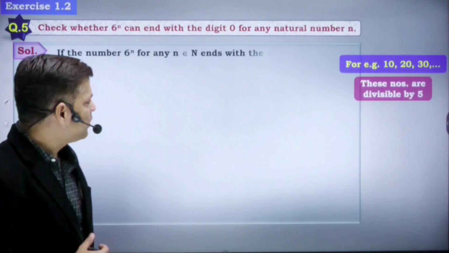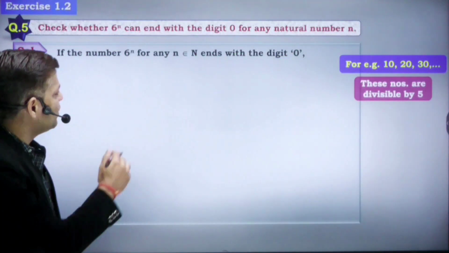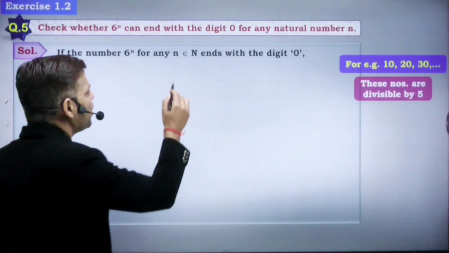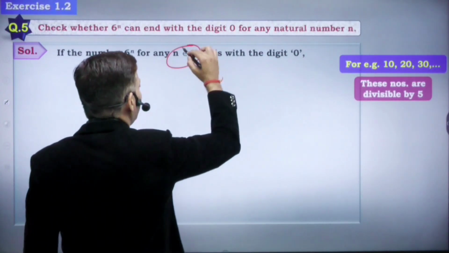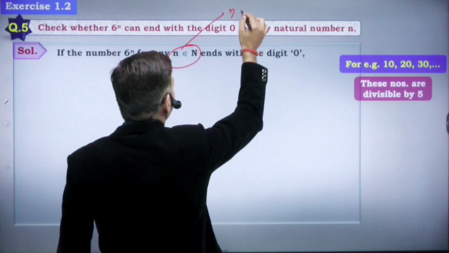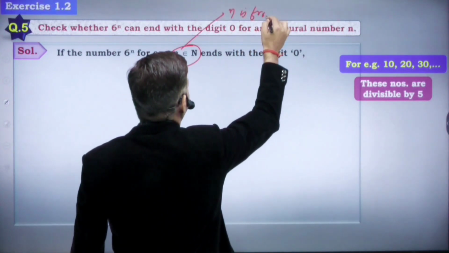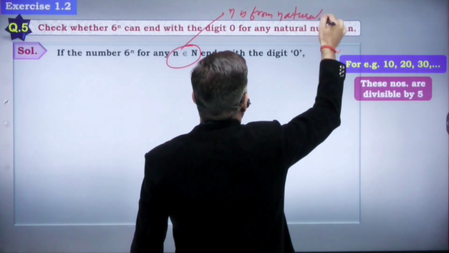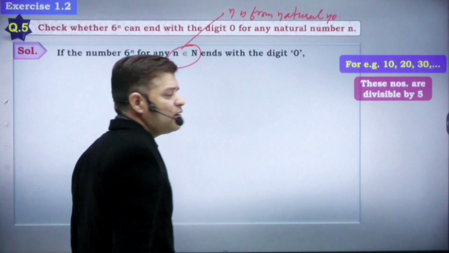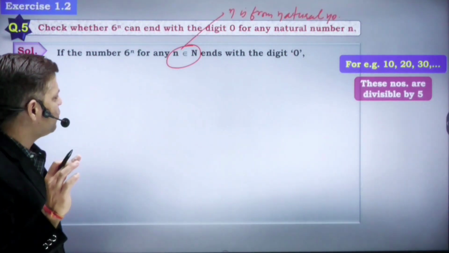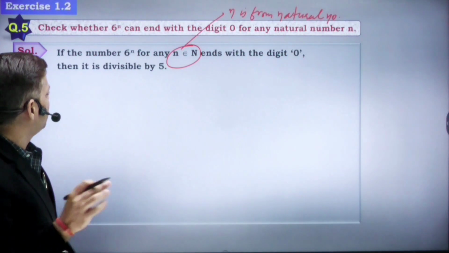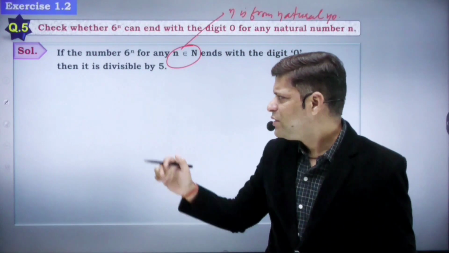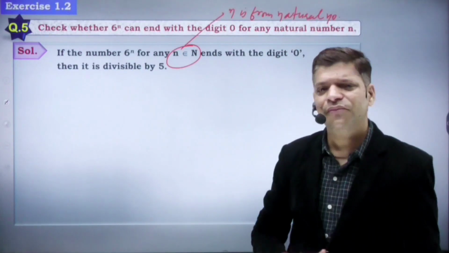Okay, so now the next one. If the number is 6 power n, for n belonging to N. What is n belongs to N? The meaning is that n is from the natural numbers. So that's why, if the number 6 power n ends with digit 0, then it should be divisible by 5.